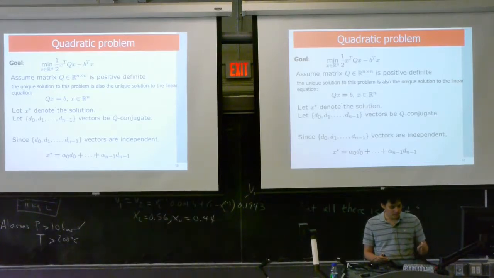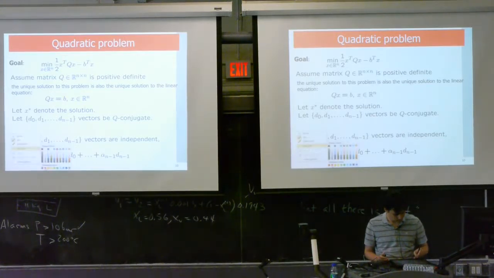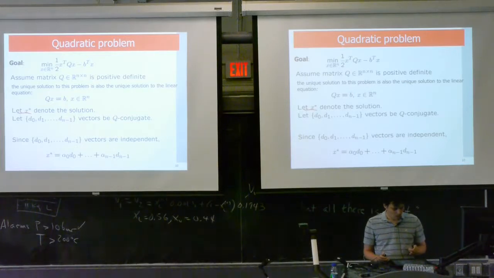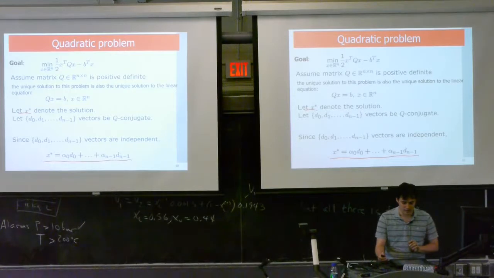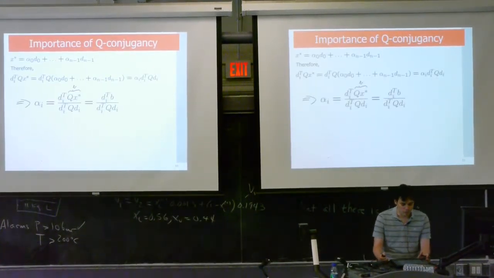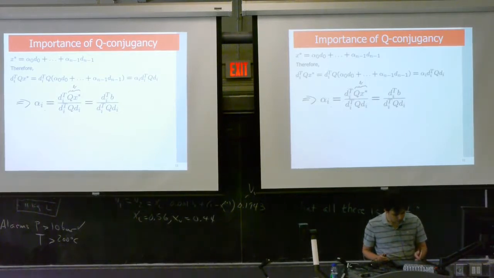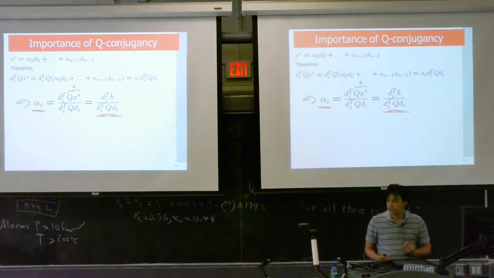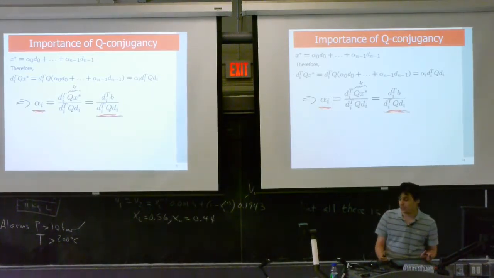And we come back to this quadratic problem, which has a minimum in x star. And because the vectors are linearly independent, we could just rewrite this x star in this form. And then we proved that the coefficient alpha i has this form, which has a very useful property, namely it doesn't contain x star.